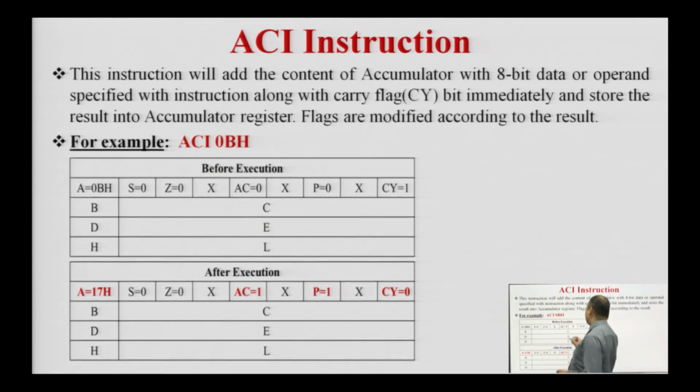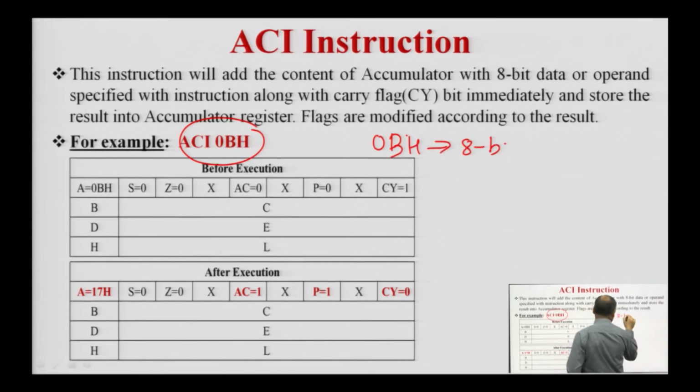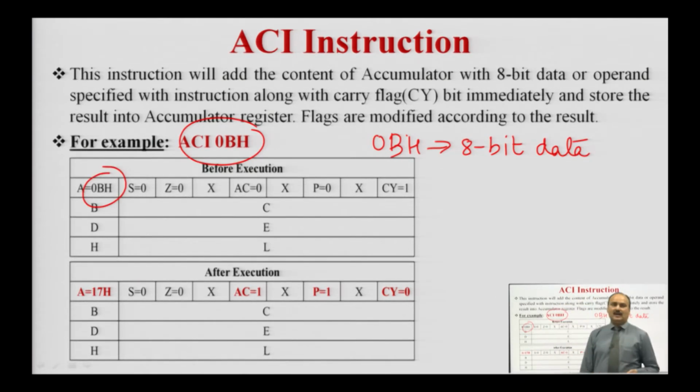The example of this instruction is ACI 0BH, where 0BH is the 8-bit data specified with the instruction. Whenever the microprocessor executes this instruction, it will add this 8-bit data immediately with the content of the accumulator, which is again 0BH, along with the carry flag.